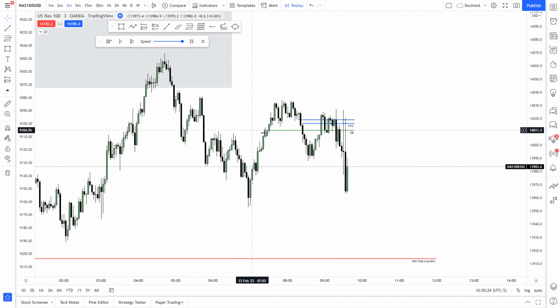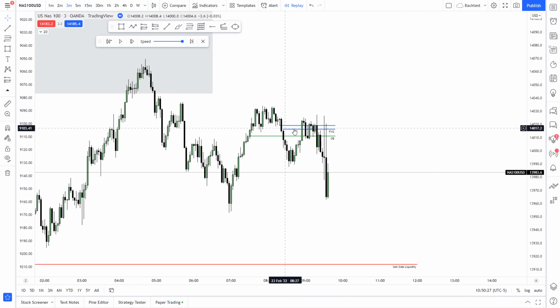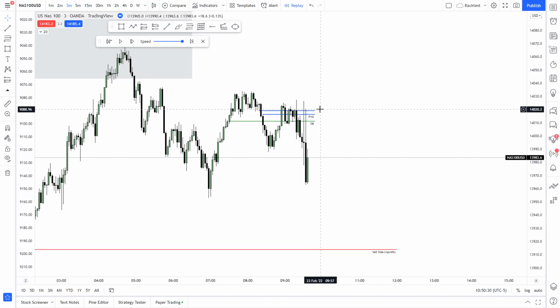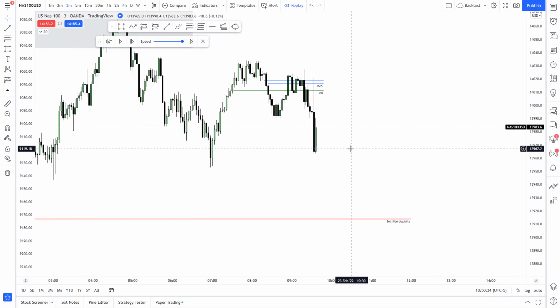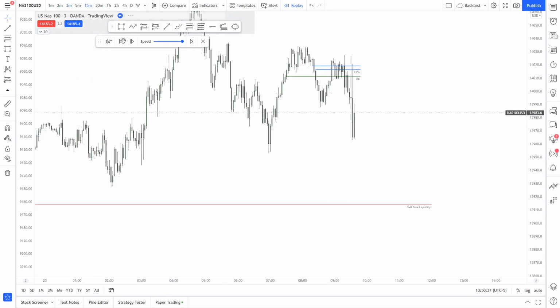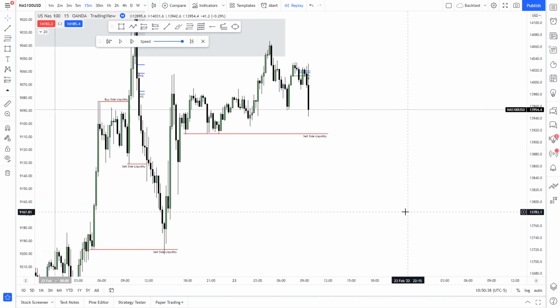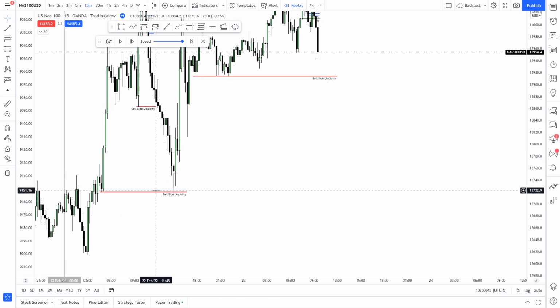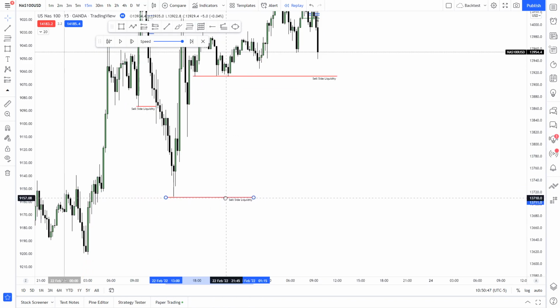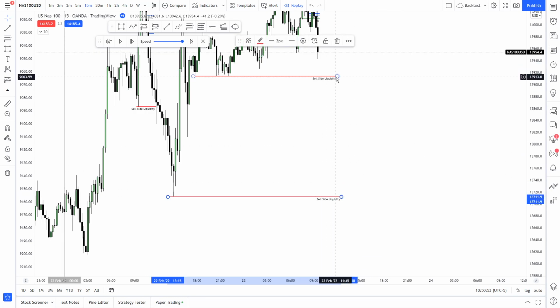So the entry of the FEG here, your stop losses would have been up here. And then you'd carry it down to the sell side liquidity. Let's have a look at sell side liquidity pools real quick. We can get this one right here, could look for that to get taken.